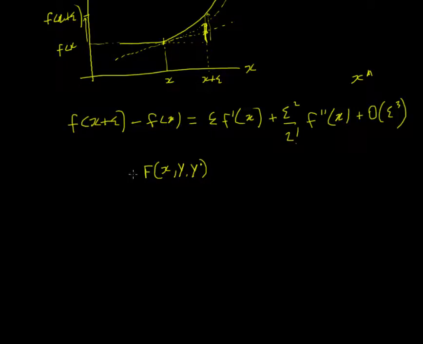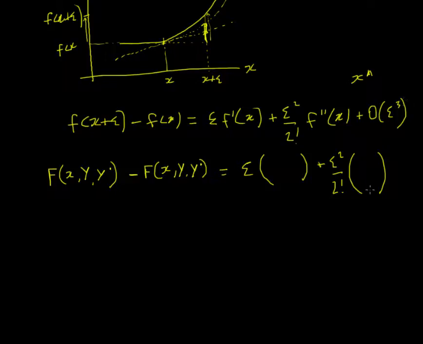Now if we add on a small variation, in this instance the small variation was epsilon, but this is a functional, so if we write this as f of x, capital Y, capital Y derivative, then we could say that it would equal epsilon times some value plus epsilon squared upon 2 factorial times another value plus all our higher order terms. Now we've got to find out what these values are.